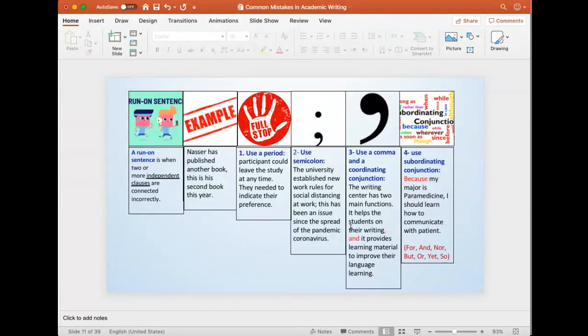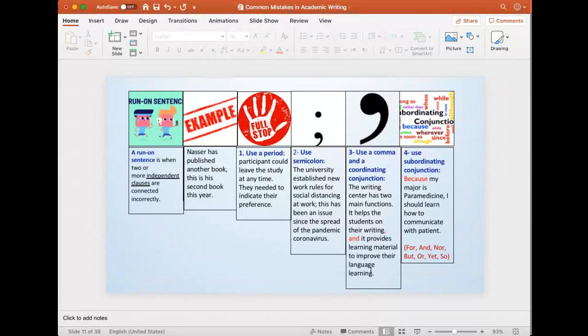It helps the students with their writing, comma, what else? And it provides learning material to improve their language learning. So I added a comma here, followed by a coordinating conjunction, which is and, connecting them together. Both are independent clauses.